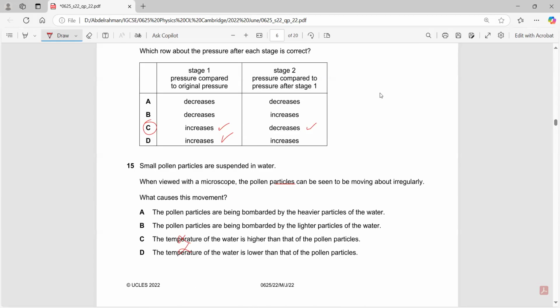It has to do with the bombardment. But which particles hit which particles? In this question, they are being bombarded by the water molecules. Are the water molecules heavier or lighter? Definitely they are lighter. Every molecule is much smaller than the pollen grain. That's why the pollen grains keep on moving in this random zigzag motion.